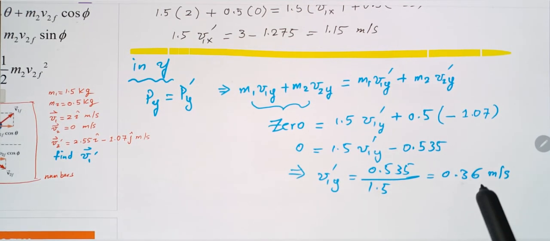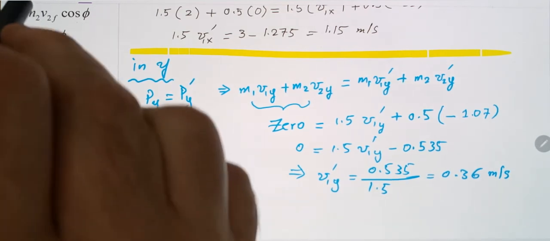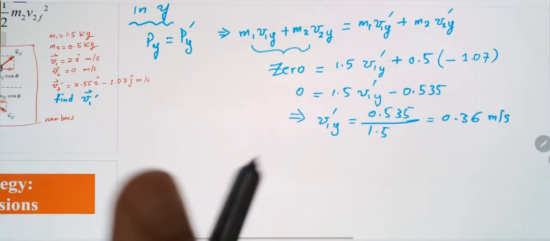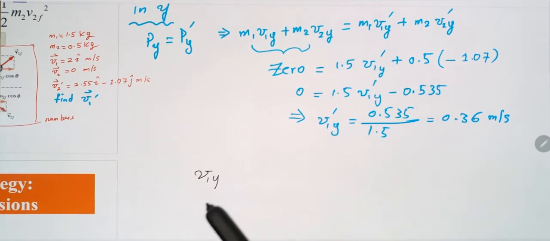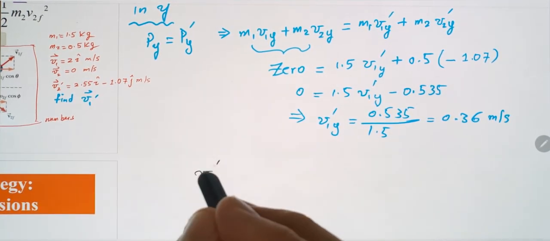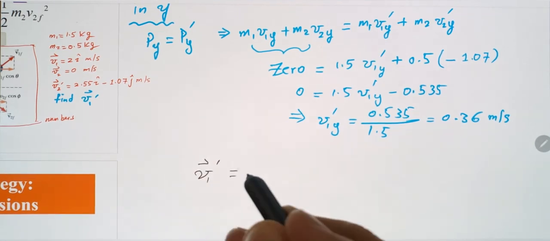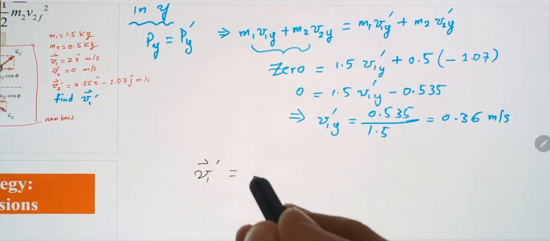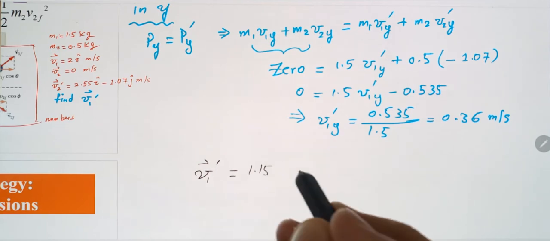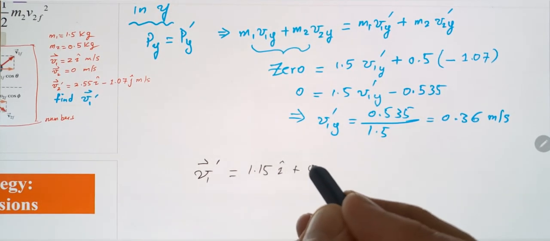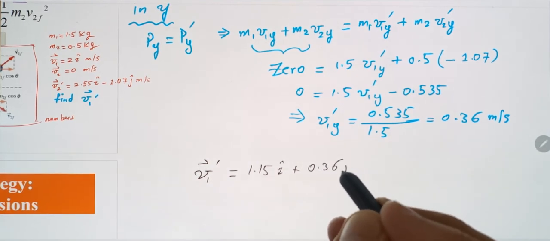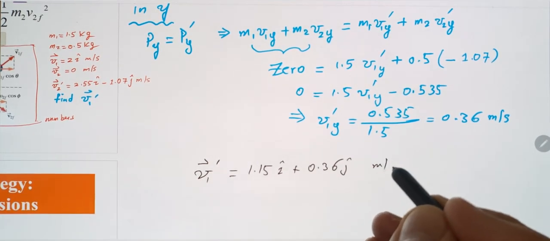It's a positive component. Finally, V1 prime as a vector has two components, 1.15 i plus 0.36 j meter per second.